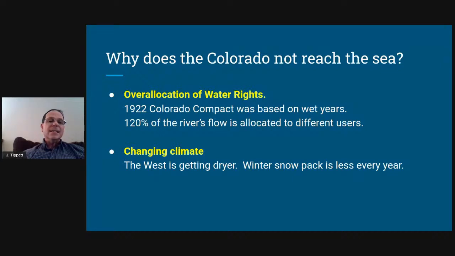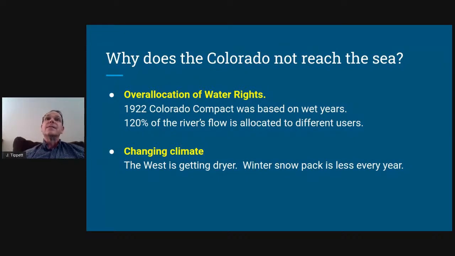And so way back in 1922, the flow of the Colorado was divided up to various places and landowners and states and entities based on a history of flow of the river. But it turned out that history of flow was a series of wet years.